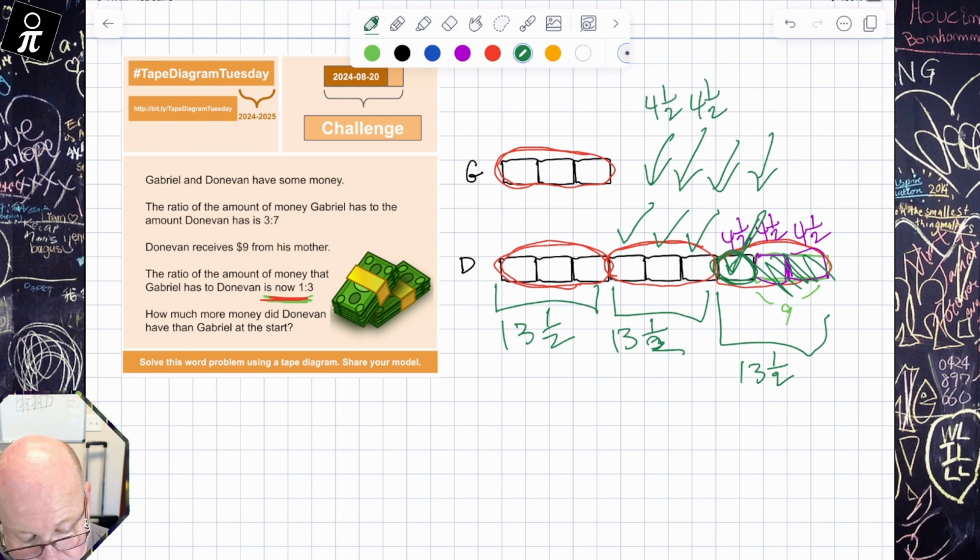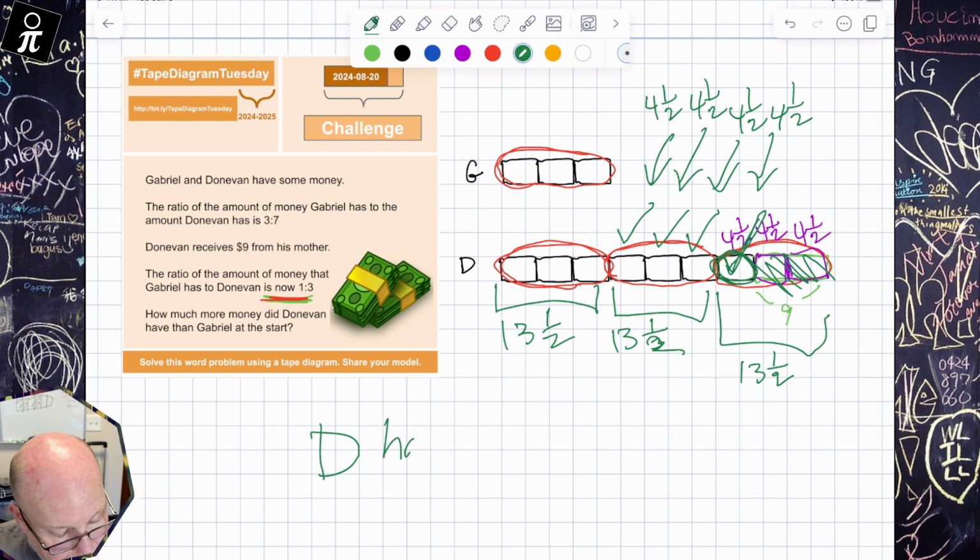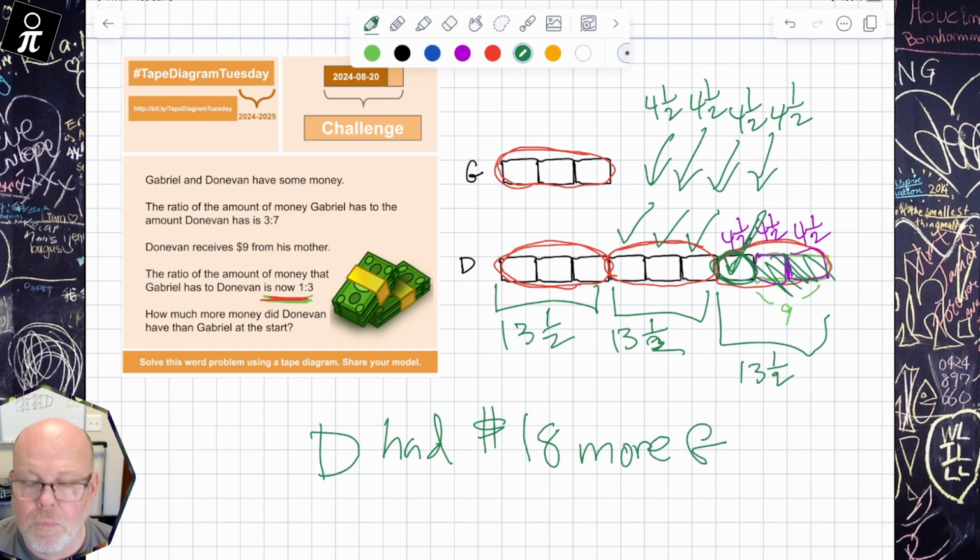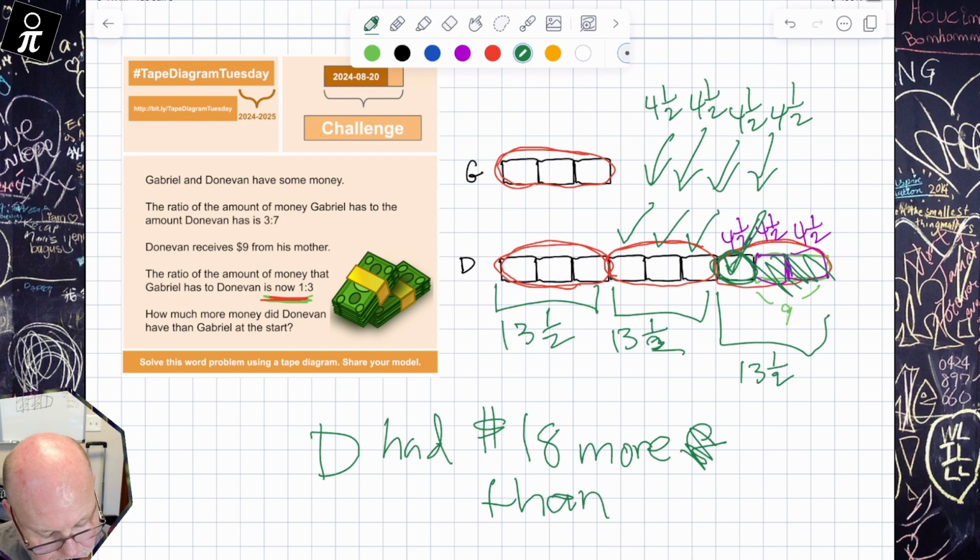So all I have to do is 4.5 times 4. And that's going to be 18. So Donovan had $18 more than Gabriel.